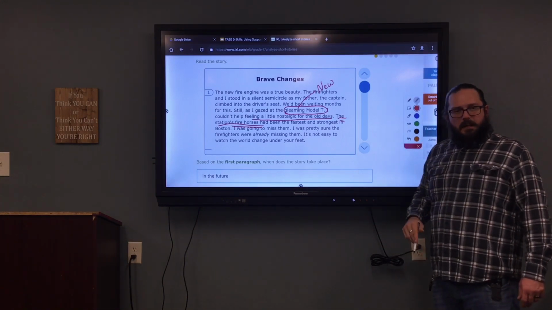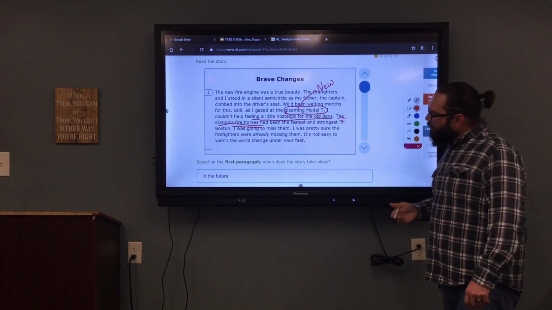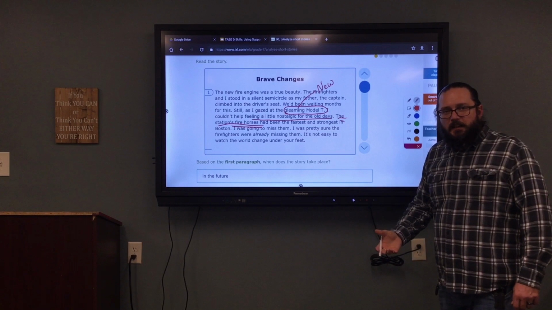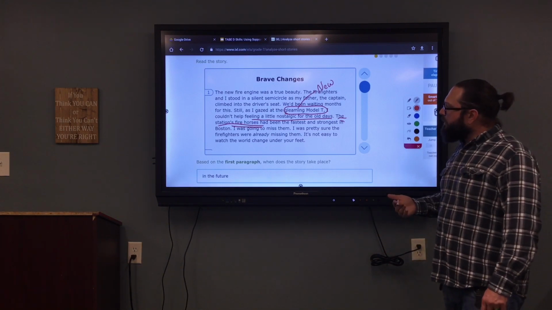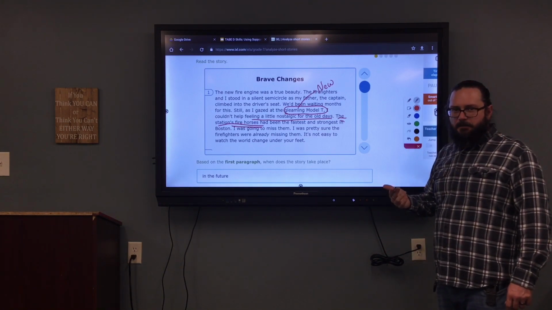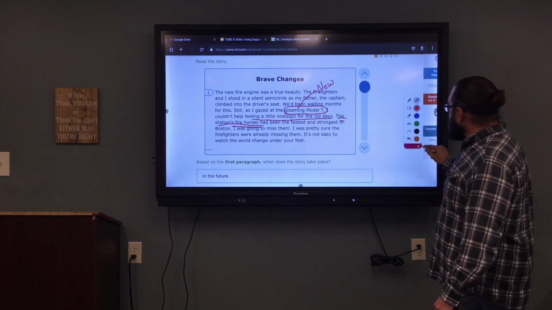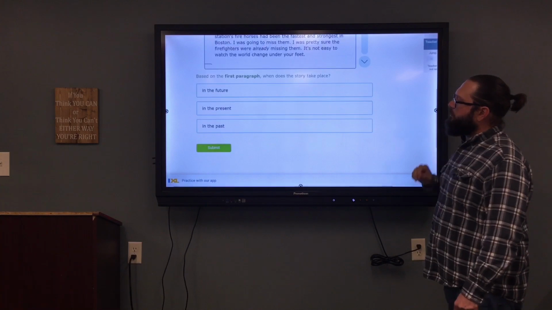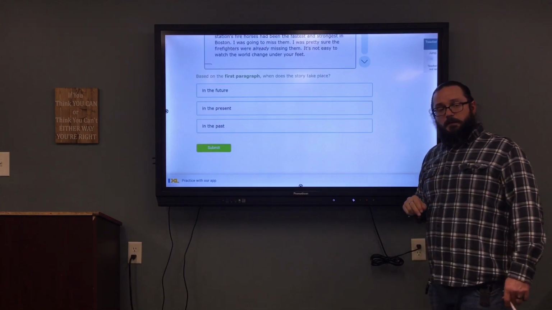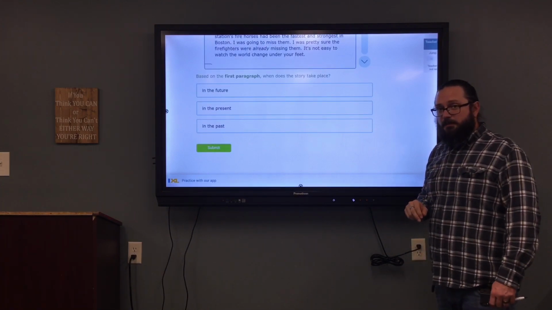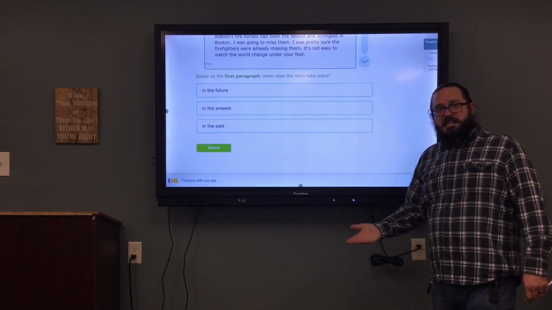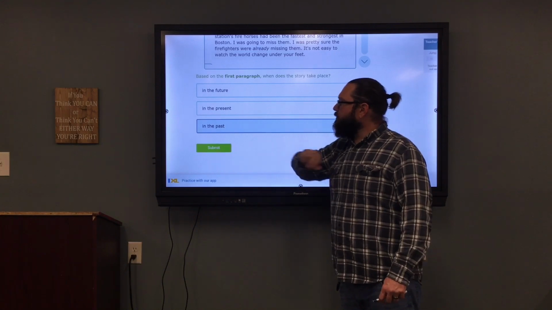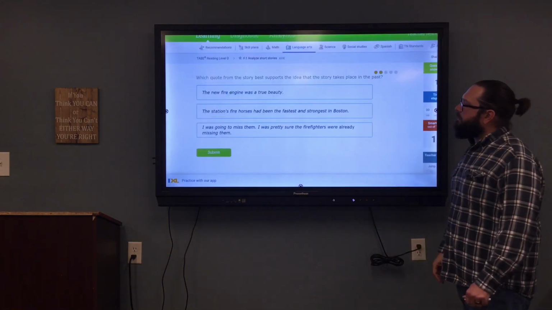So it looks like in this story, the fire station is replacing their fire horses with brand new Model Ts. So, based on this information, does the story take place in the future, the present, or the past? Well, we know the Model T occurred in the past, therefore the story takes place in the past.